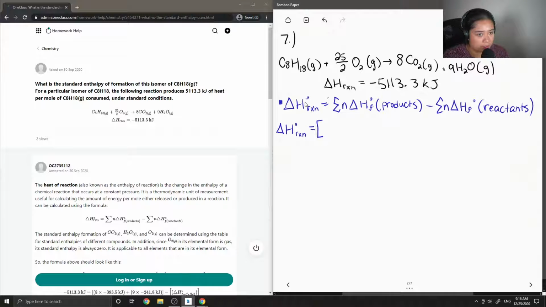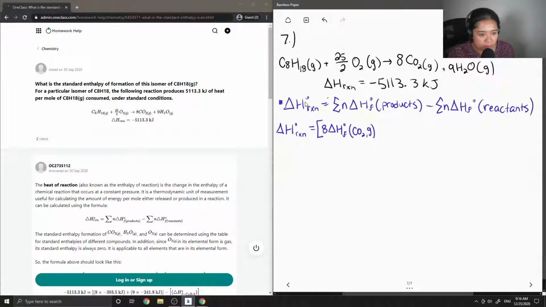So starting with our products, we have 8 carbon dioxides. So it's going to be 8 times the delta H of formation for CO2 gas. So it's also important to know what phase your compound is in as well, since depending on whether it's a gas or a liquid, that will also affect the delta H value.